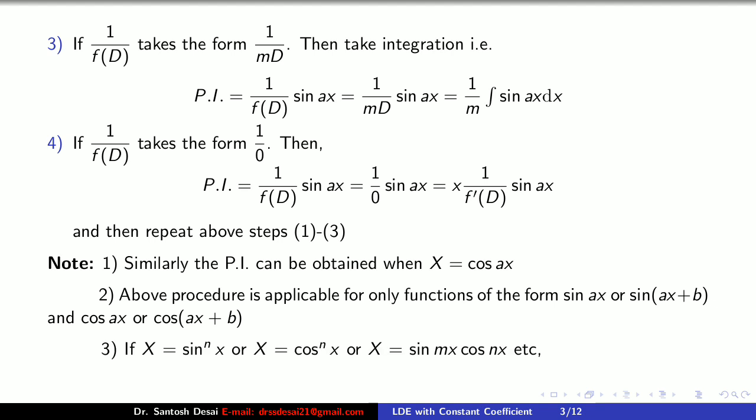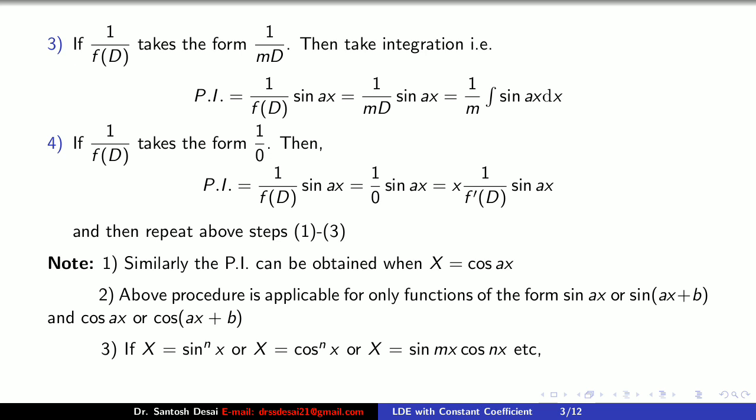If suppose RHS is equal to sin raised to n x or cos raised to n x, that is of the form, suppose X is equal to sin square x, sin cube x, or X is equal to cos square x, cos cube x, or X is equal to a multiplication of sine and cosine terms.